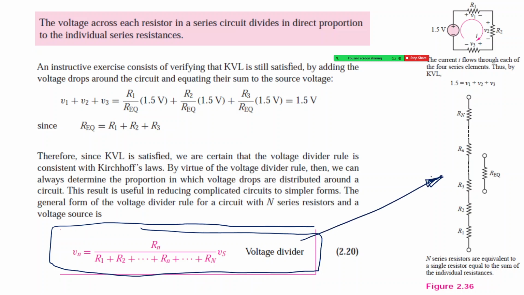The voltage across Rn, Vn, any n, is equal to Rn into Vs if you connect Vs here, right? The voltage of Rn is Rn divided by the summation of all resistors into Vs. We call this relation the voltage divider method.